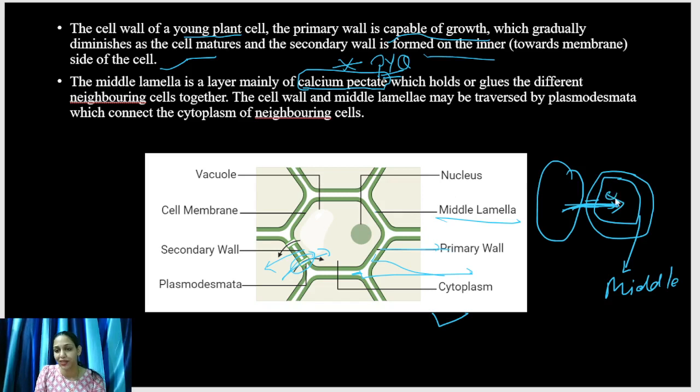Nucleus, central vacuole, these are the components of this cell, a eukaryotic cell. So, this is all about the structure of the plasma membrane and cell wall. In the next video, we will discuss the different compartments, different organelles of the eukaryotic cell.